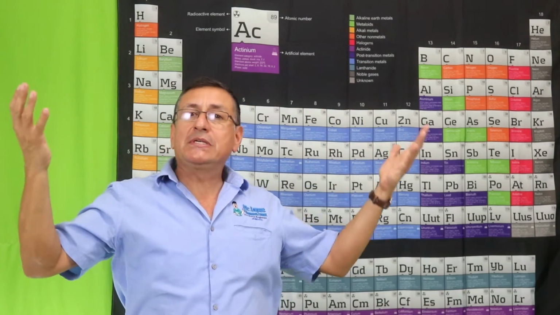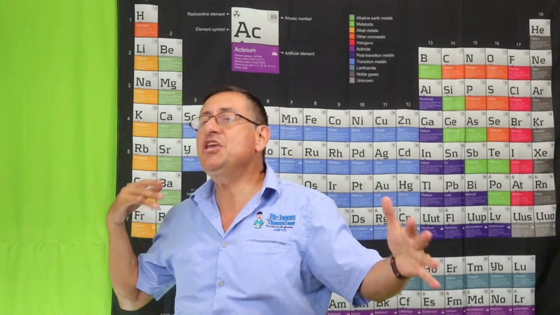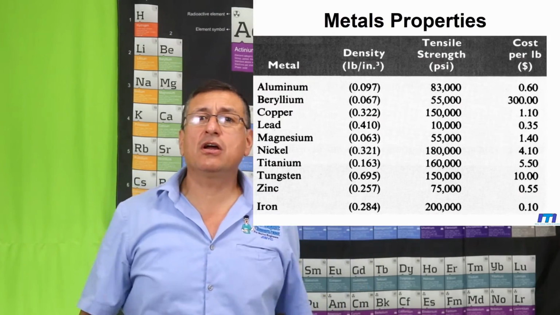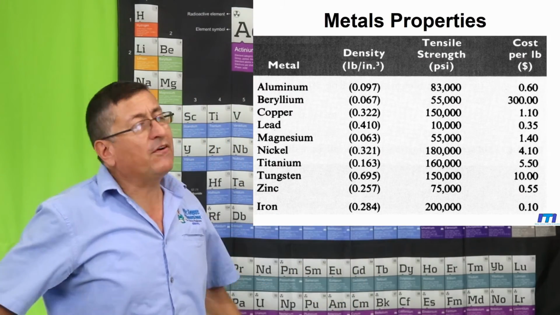Because of the magnetic properties we have electricity, and we have millions of electronic devices in our hands because of the iron. The life of the people changed because of the iron. And additionally, iron is the strongest element. Look at the properties of iron.